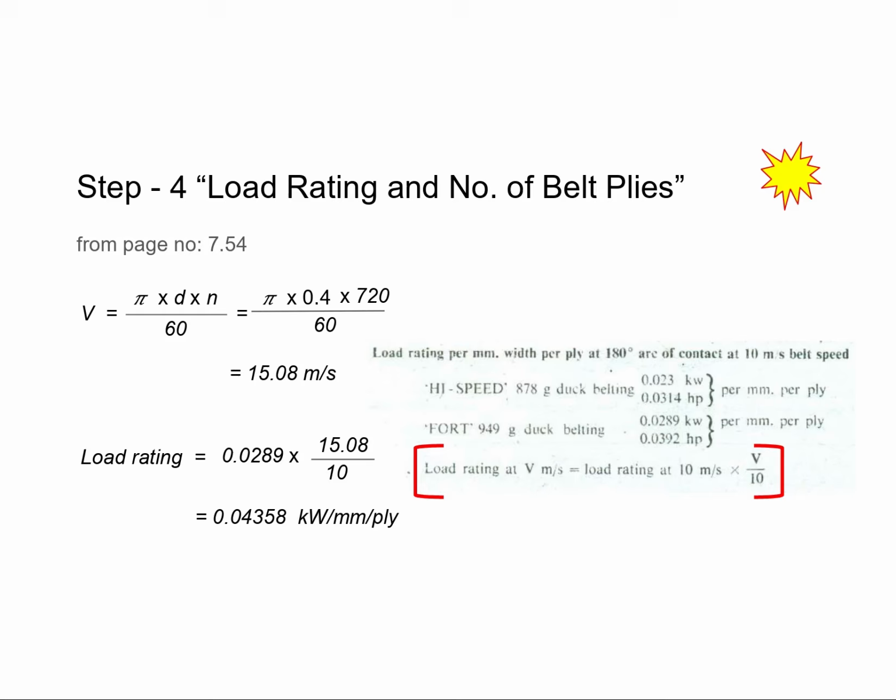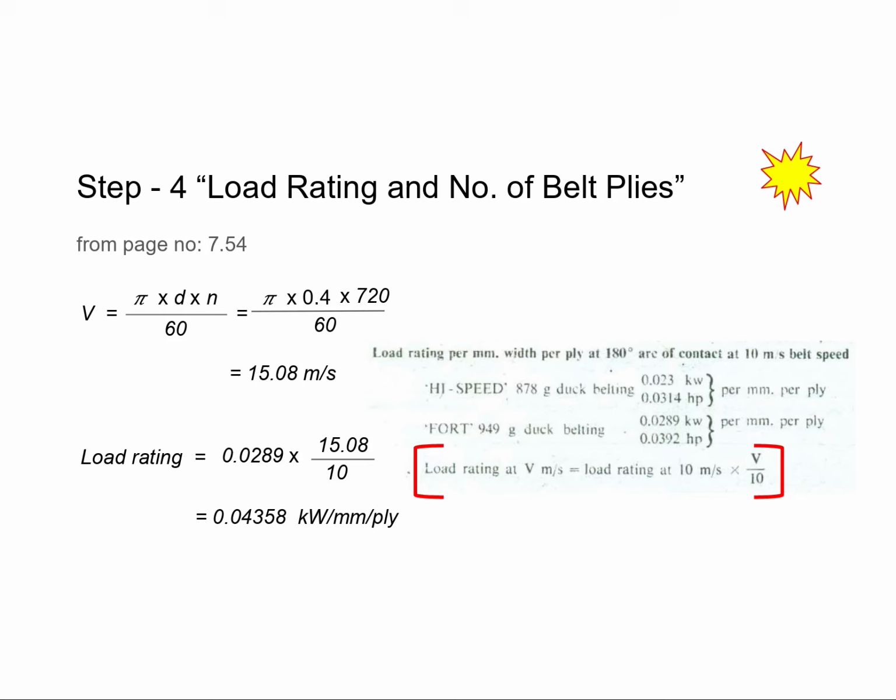Then on page number 7.54, the load rating per mm width per ply at 180 degree arc of contact at the standard 10 meter per second belt speed has been calculated and given as a formula. For our velocity, the same 10 meter per second belt speed is used, multiplied by the multiple of 10.